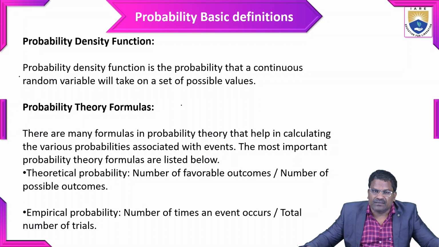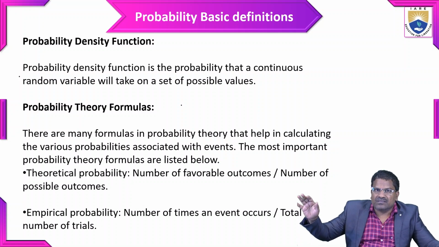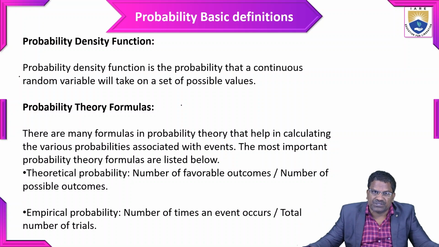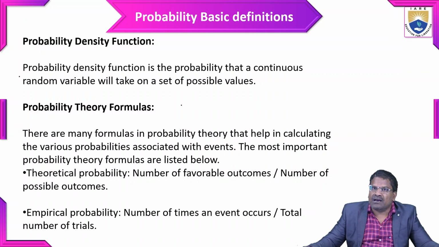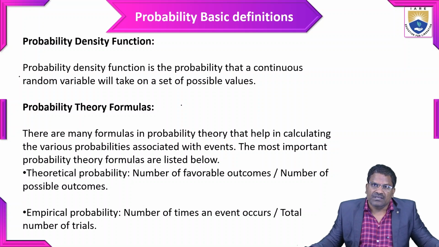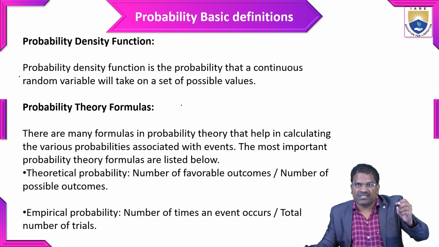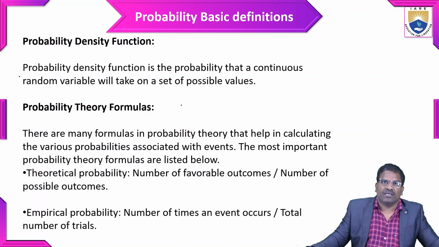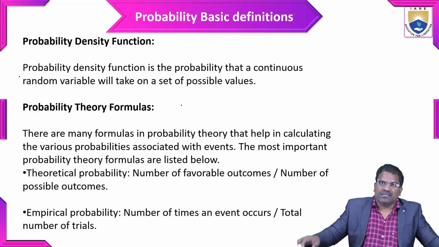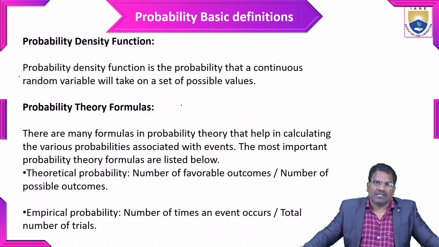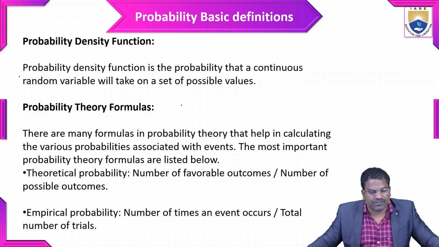Some weight, some 50 kgs to 100, like that. Some time period, time. All these are best examples of continuous random variables. So the probability density function is defined for continuous random variables.